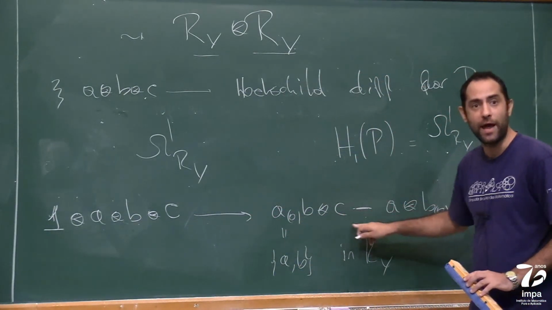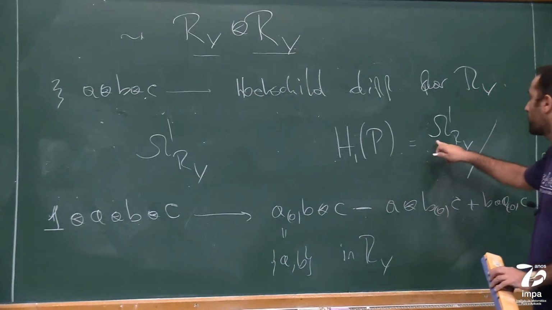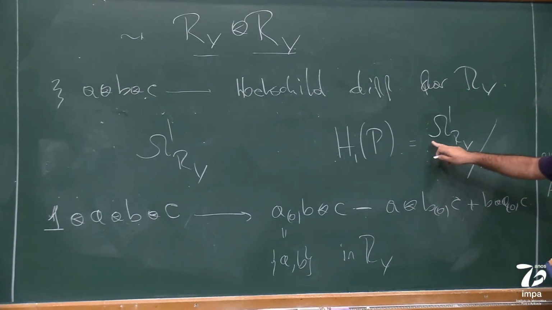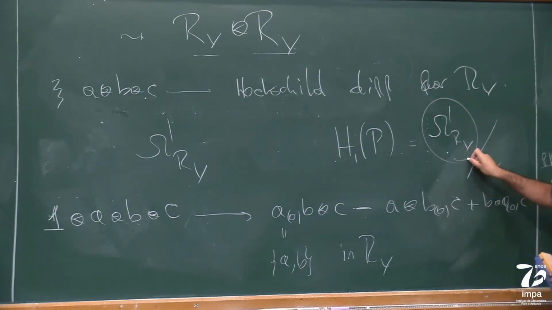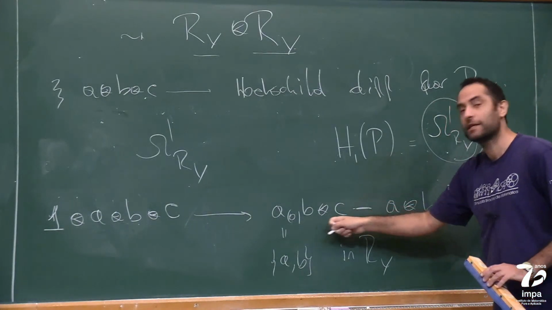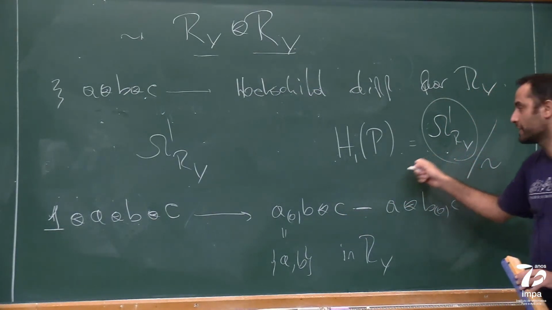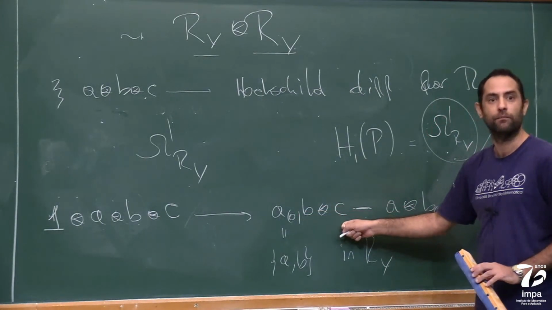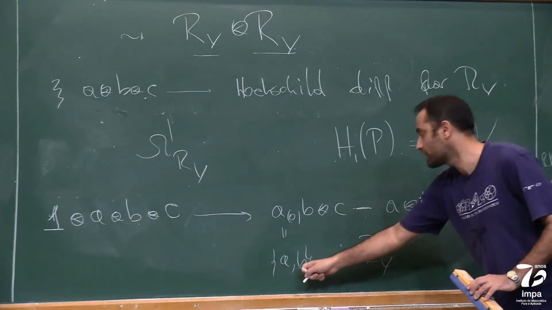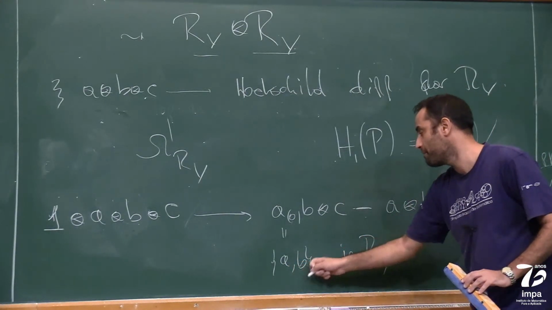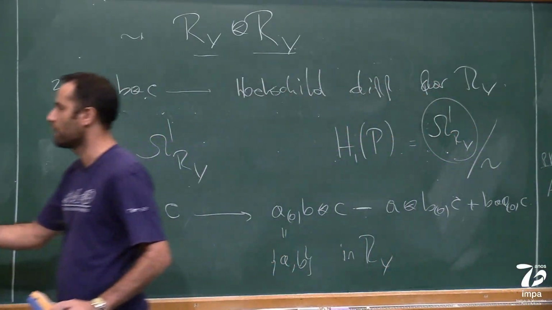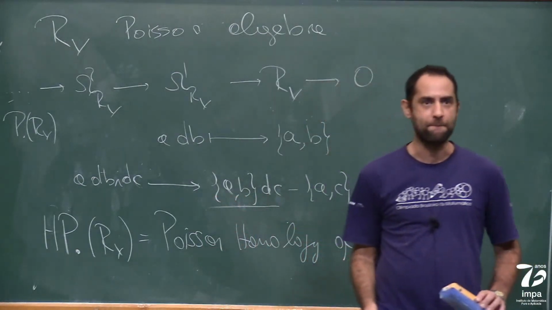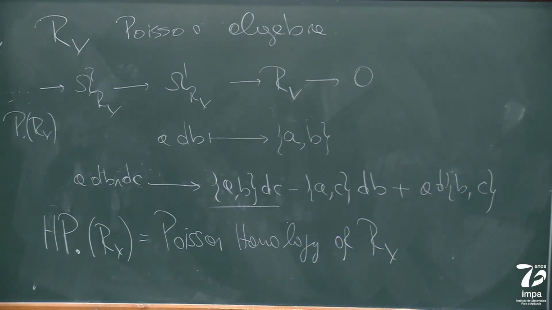This is in A tensor A. But I've already looked at the quotient by the P functions, and I moved to omega 1 of RV. So the map from RV tensor RV to omega 1 of RV sends this tensors this to this guy, DC. So this goes to the Poisson bracket of A and B, DC, which is this term here. And the other two terms are the same. Okay, so let's summarize what we've gotten from our complex.